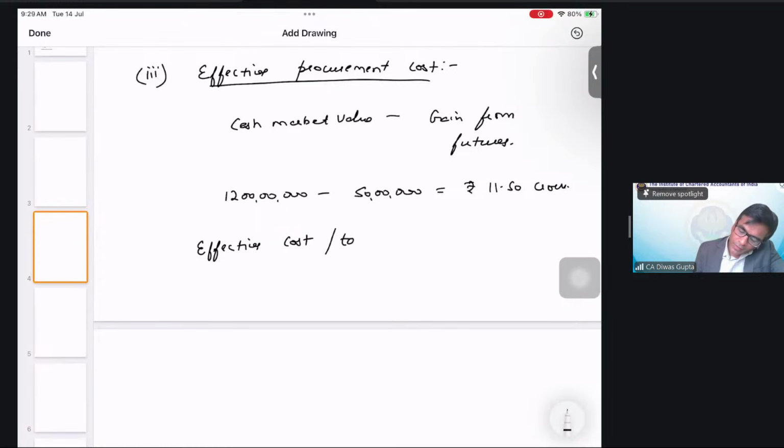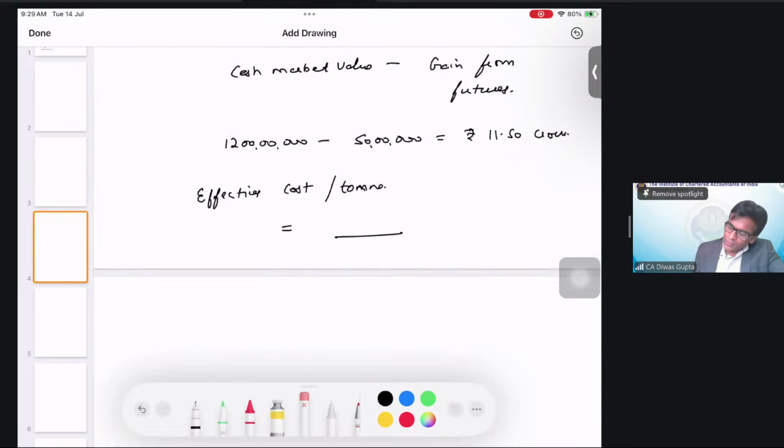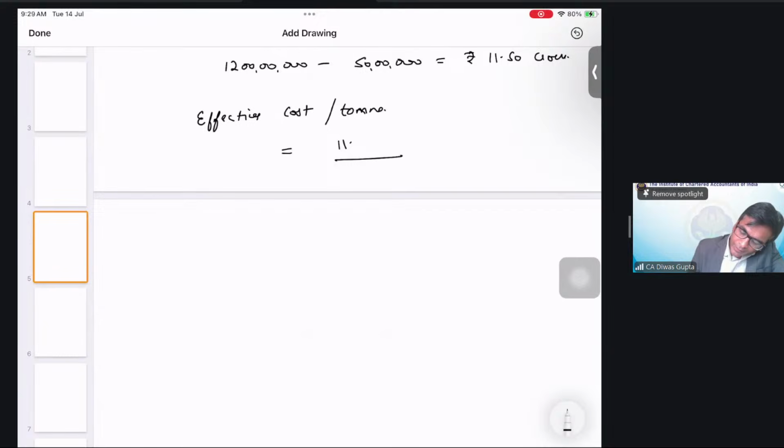Effective cost per ton, 11.5 crores divided by 500. So this is actually 2,30,000. Clear?